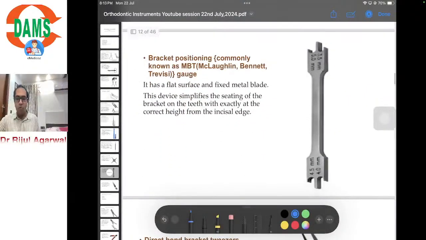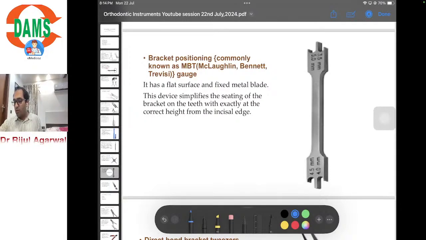Okay, next is the most commonly used instrument, which you all know as the MBT gauge, or the bracket positioning gauge. Students know it as the bracket positioning gauge. It was used by MBT, so it is a common misnomer to know it as the MBT gauge. But its actual name is not MBT gauge, it's a bracket positioning gauge.